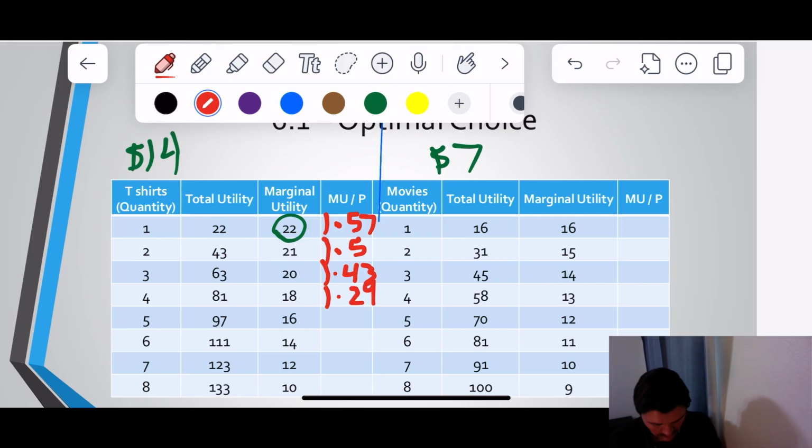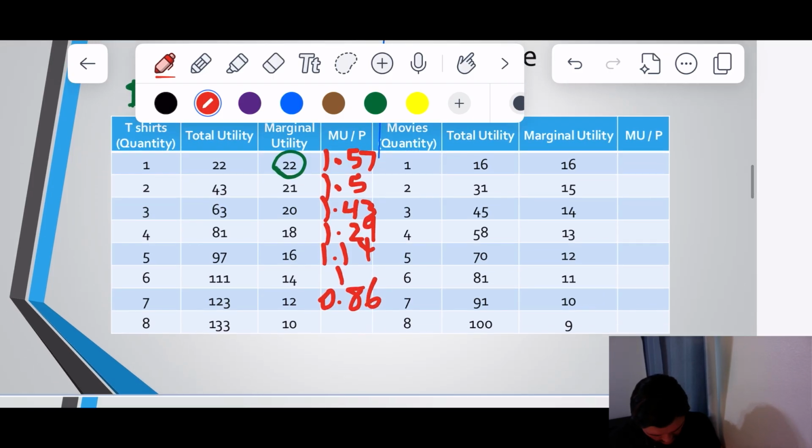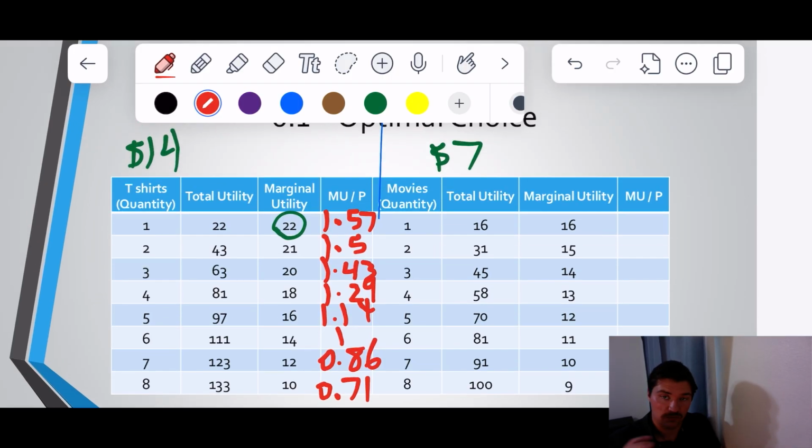You should get 1.29 here. This is 1.14. This is 1. This is 0.86. And that's 0.71. All right, so this is how you find the marginal utility per dollar on the t-shirt side.